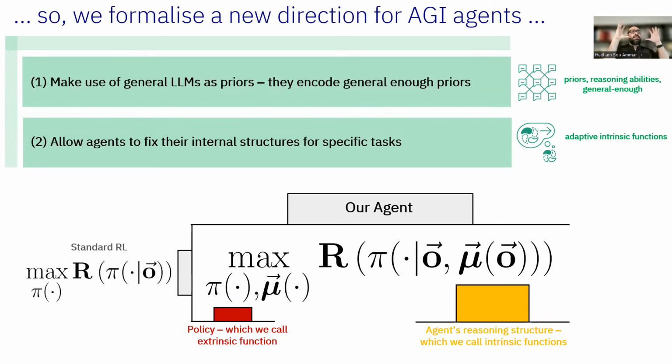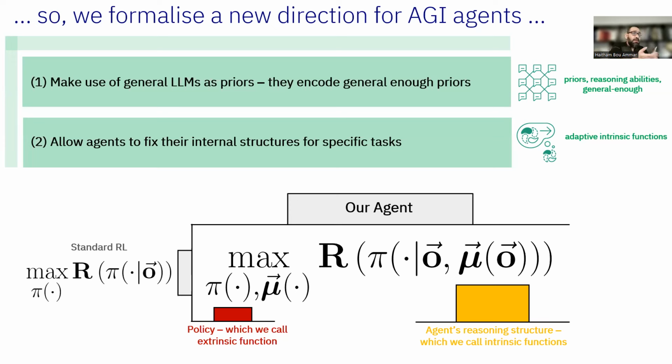All they do is take the agent's memory and act on top of it to generate a new memory. So given the memory at time t, the mu will act on that memory in ways we design it to. For example, it could be a large language model or a tool, and it will generate a new memory state for that agent. That's why we call it intrinsic: it's acting on the intrinsic knowledge of the agent.